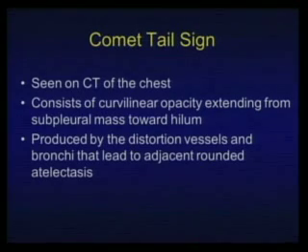Comet sign, this is for you, Luis. We were talking about the rounded atelectasis, okay? So the comet sign is seen in cases of rounded atelectasis. Rounded atelectasis is a particularly shaped atelectasis because there is a torsion of the lung upon its axis, giving an appearance of a rounded opacity.